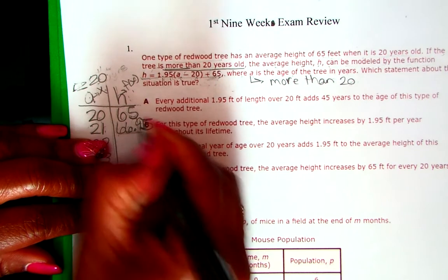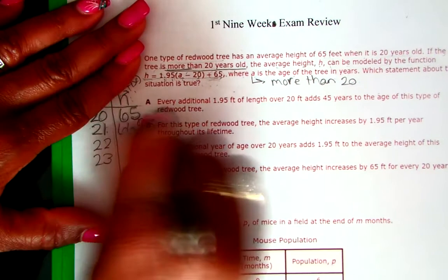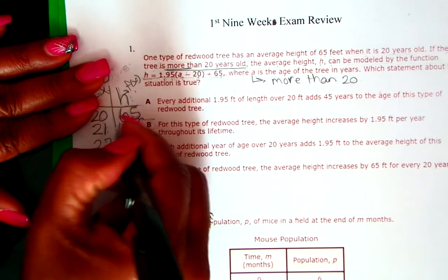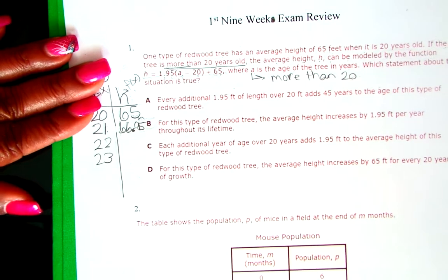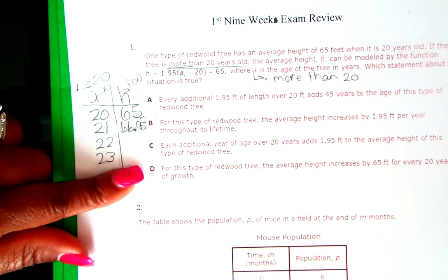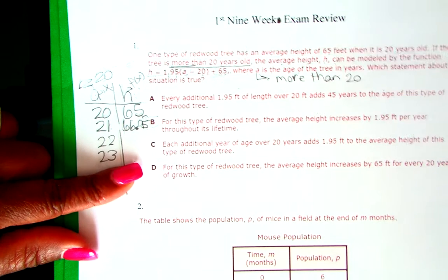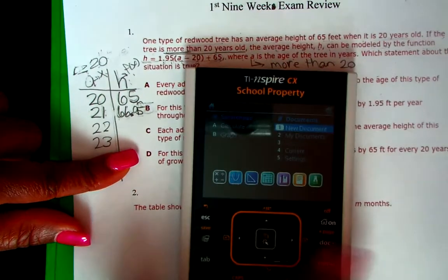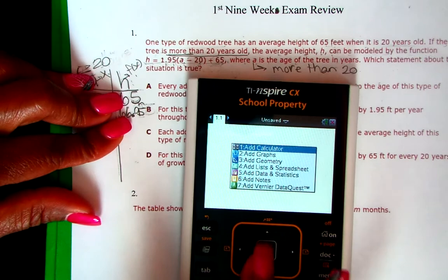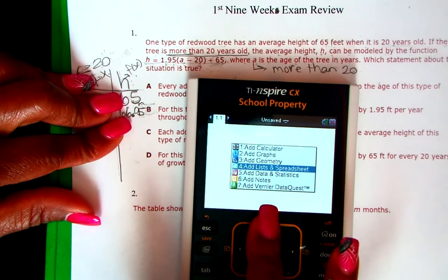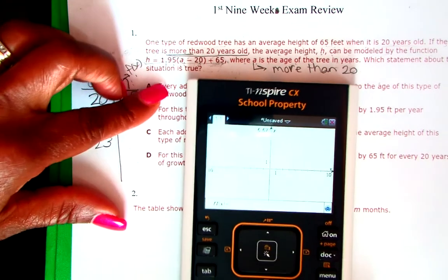Okay, and I know you're probably like, oh my gosh, I don't like decimals. Well, remember, we can use the Inspire calculator not only on our exam, but on the EOC just as well. So let's go ahead and use it. Let me enter this function into the Inspire calculator.